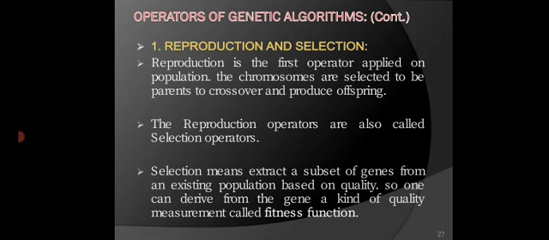So it is a selection out of a number of genes or chromosomes based on their quality. Pick any two to become parents, and further processing is applied only on those selected chromosomes, right? And the quality measurement is called the fitness function.